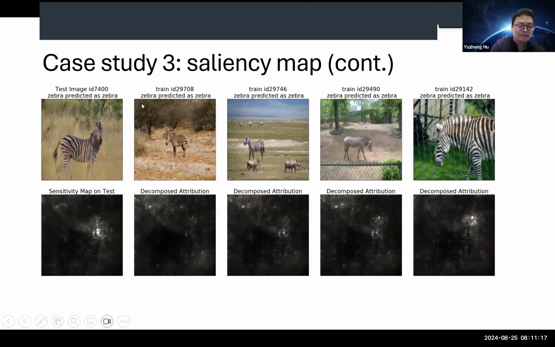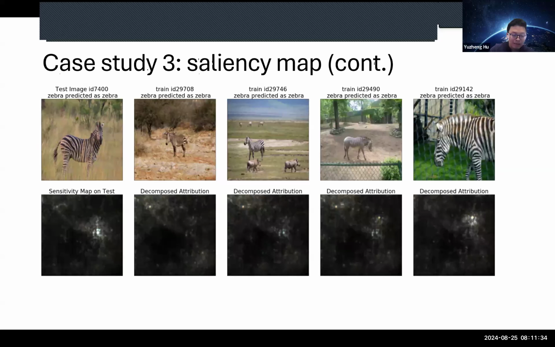First of all, we look at the column on the left hand side. This is a test image. The model predicted it as 0. And if we look at the sensitive map or saliency map of this particular test image, we see that the bright area corresponds to the most sensitive part.